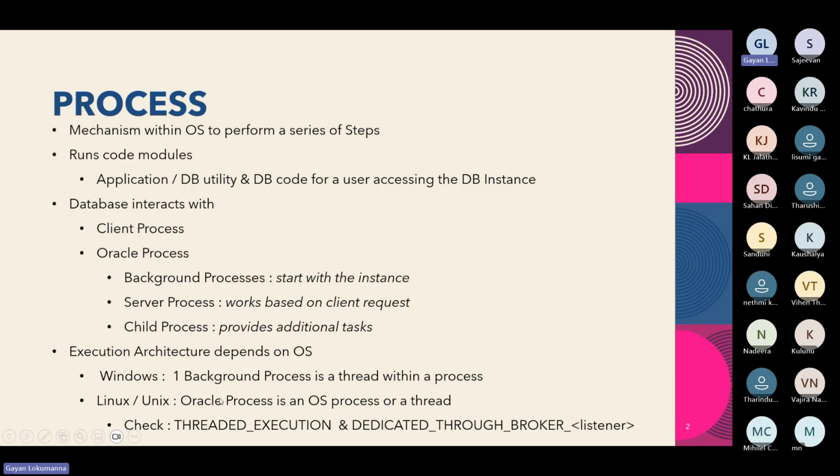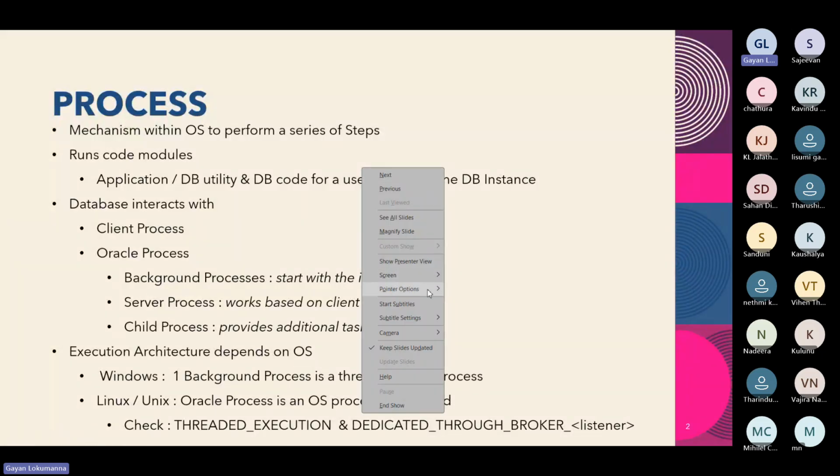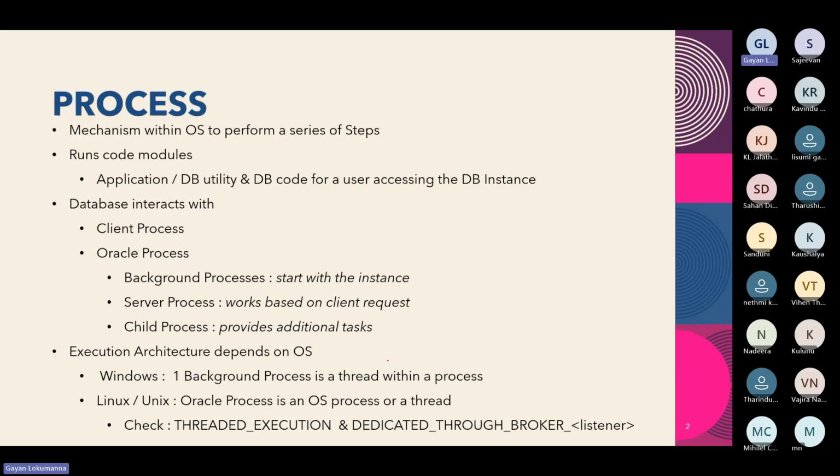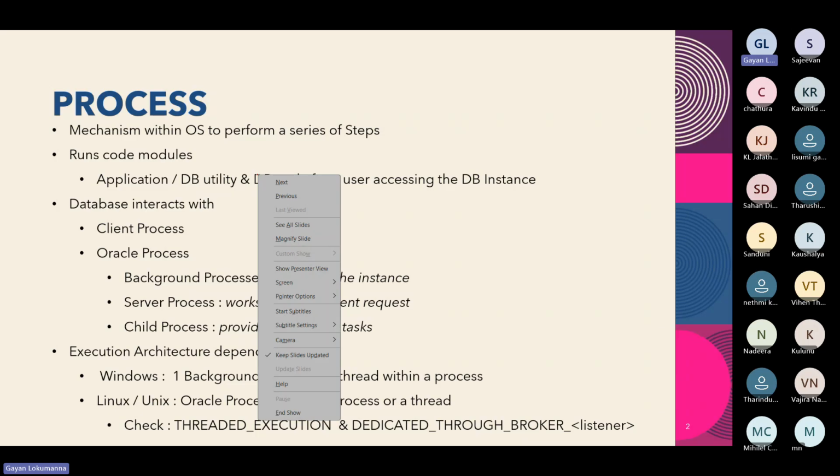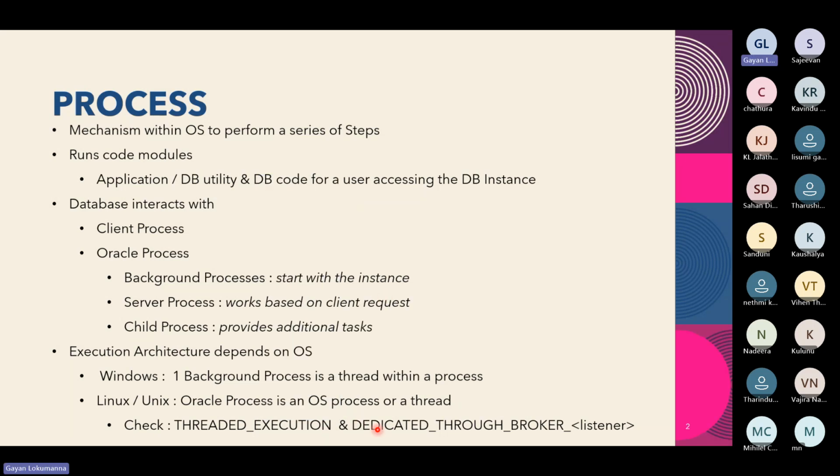We figured out what is the impact of the threaded execution parameter. And in addition to that, we also found the broker parameter getting changed automatically as well. Not the database broker, that is the threaded execution broker parameter, but yeah. So there is another parameter that you are finding here, dedicated through broker.